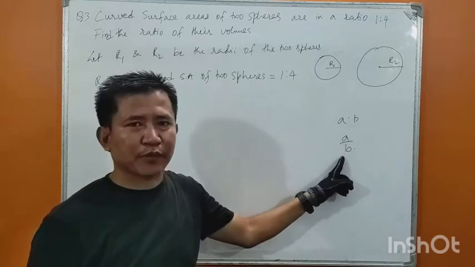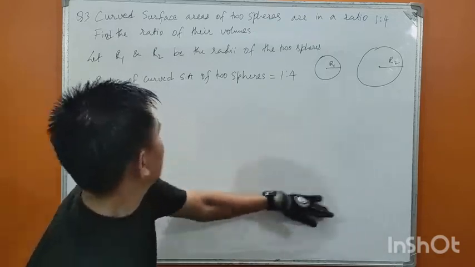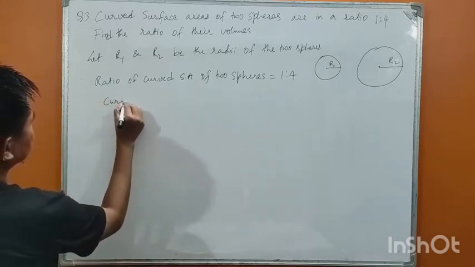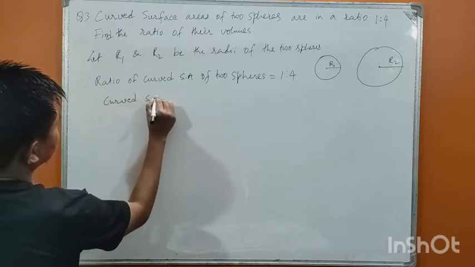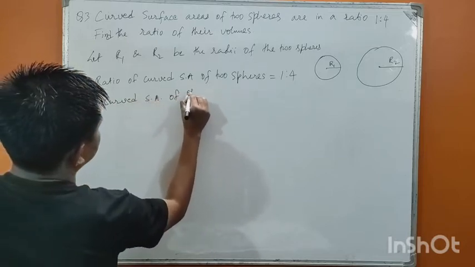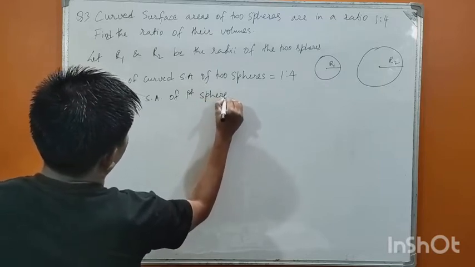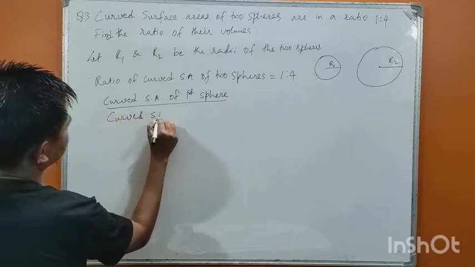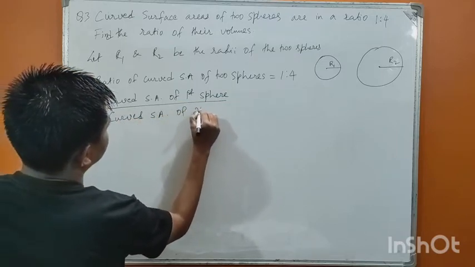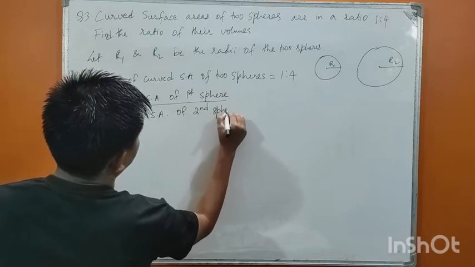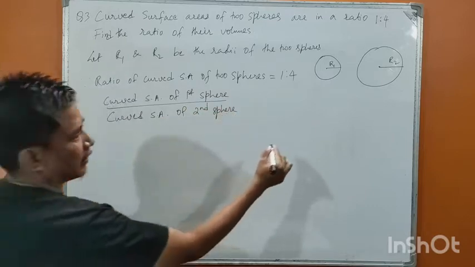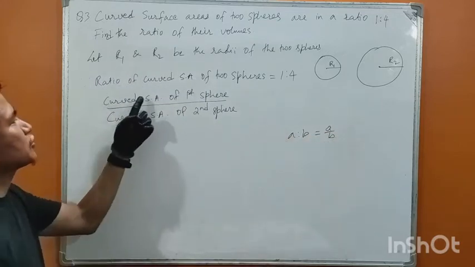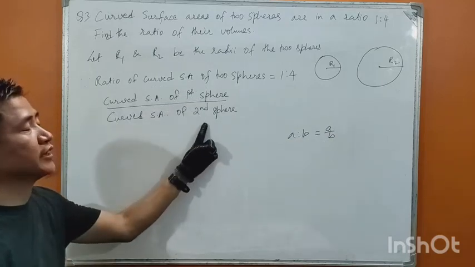A is to B means A upon B. So ratio of curved surface area means curved surface area of first sphere upon curved surface area of the second sphere.